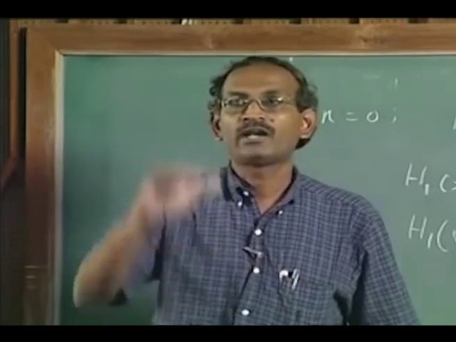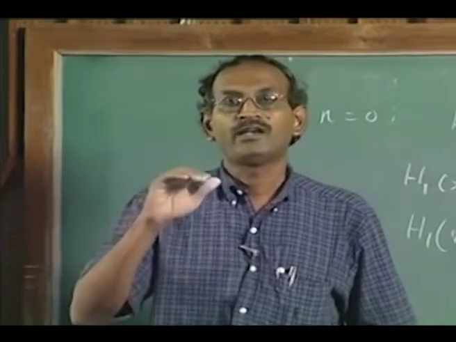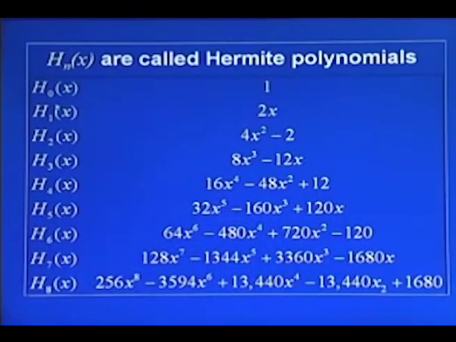Such alternating sets are called odd and even sets. The function h naught is known as an even function of x, the function h2 is known as an even function of x, h4 is known as an even function of x, whereas all the odd functions h1, h3, h5, etc., they are all called odd functions.